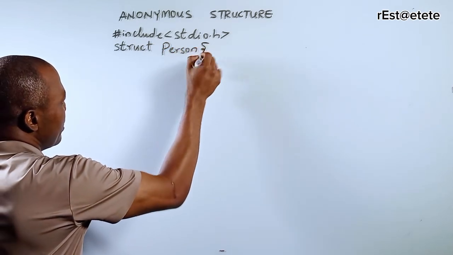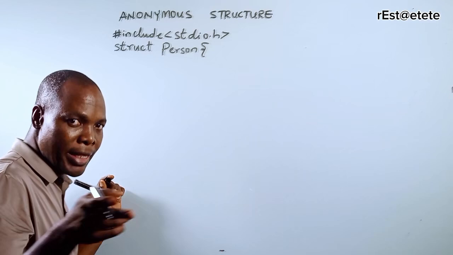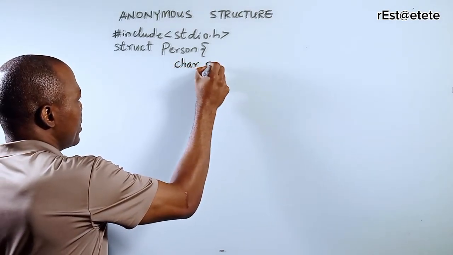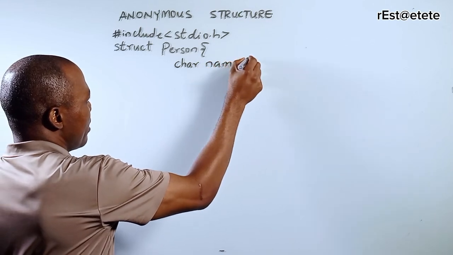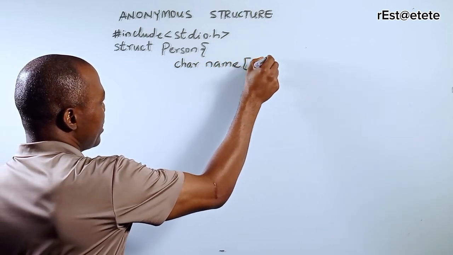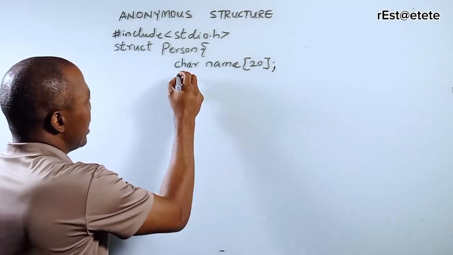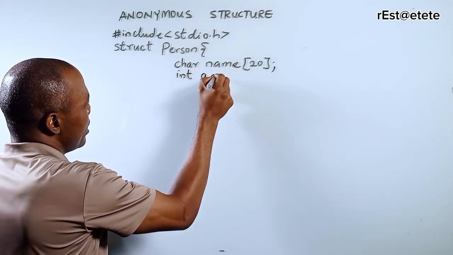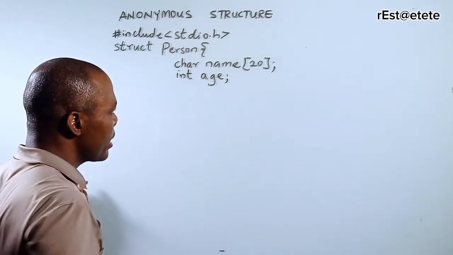Inside it, I will have name, which is a character array, char name, and I assign 20 bytes to it. Then I'll give it age. Age is an integer, so int age.